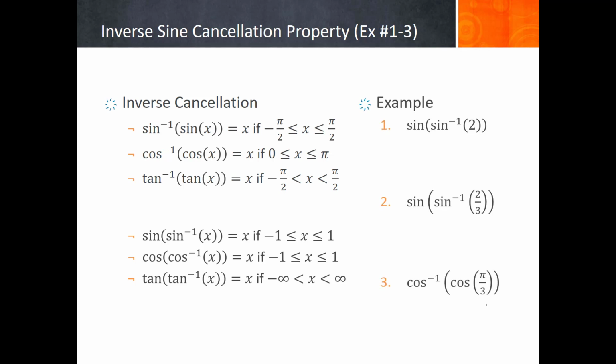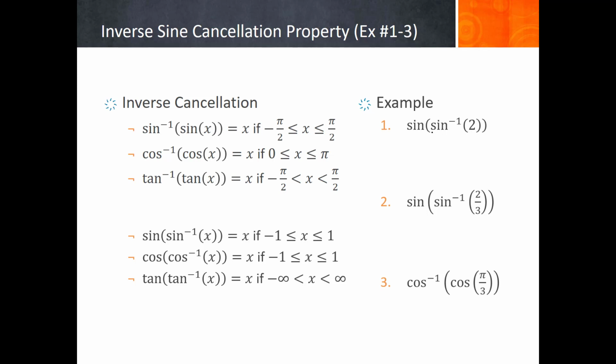All right, let's just look through 3 quick examples here. Suppose we wanted to compute the sine of the inverse sine of -2. Well, that would fit into the format of this 4th identity here, the sine of the inverse sine of x. Well, the cancellation only works if x is between -1 and +1, which 2 is not.